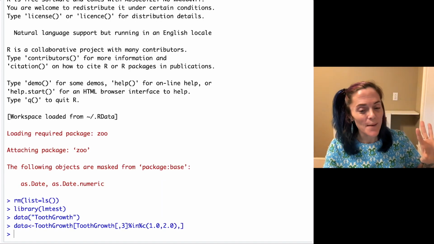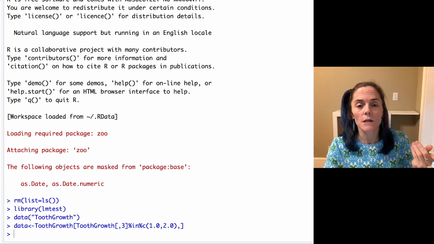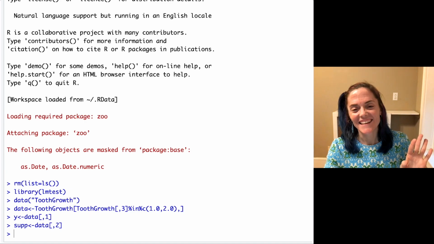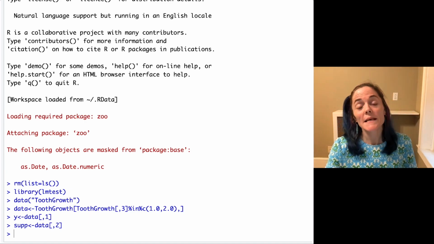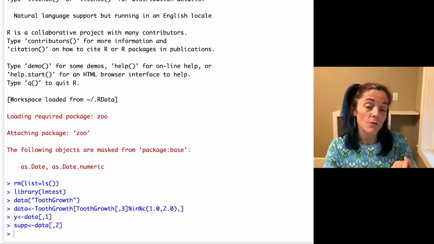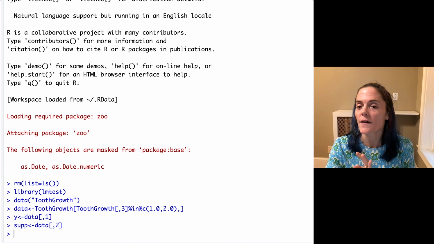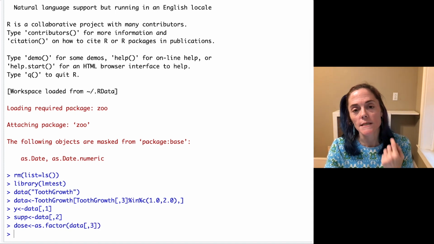We used just the observations that had either 1 milligram per day vitamin C or 2 milligrams per day vitamin C. Our data was the tooth lengths. One of our factors was the type of supplement used, either ascorbic acid or orange juice. The other factor was the dose, which is either 1 milligram per day or 2 milligrams per day.